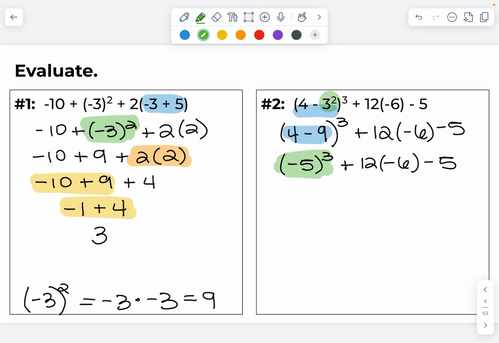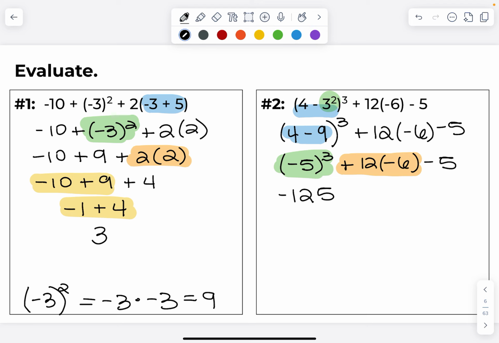So again, if you type that in your calculator, type it in with the parentheses. That's going to give us -125. In this same step, guys, you could, if you wanted to, simplify multiple things. We could also simplify this multiplication, because this exponent, the -5 cubed, and the 12 times the -6 are happening separately from each other, so we could combine them in the same step if we wanted to.